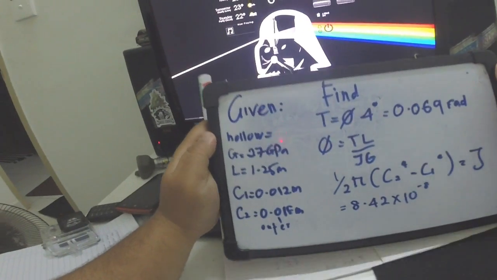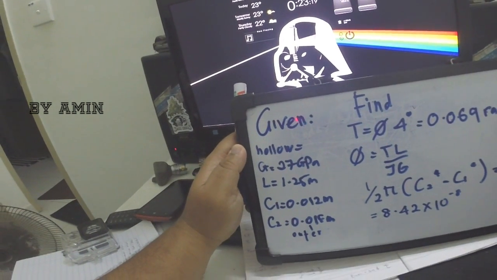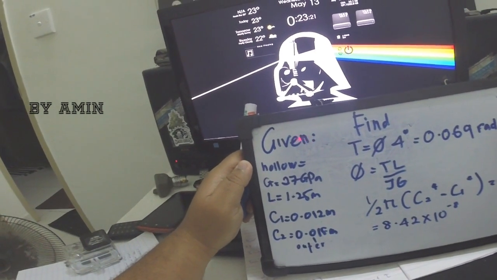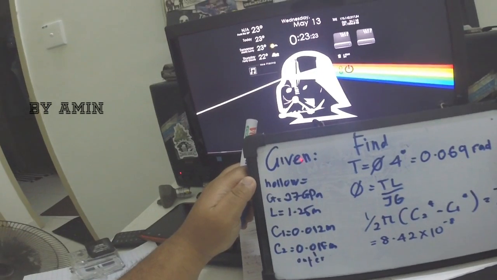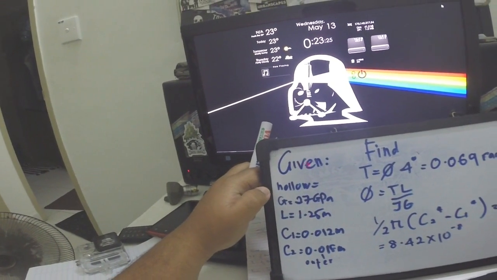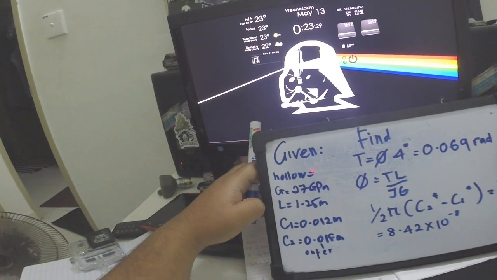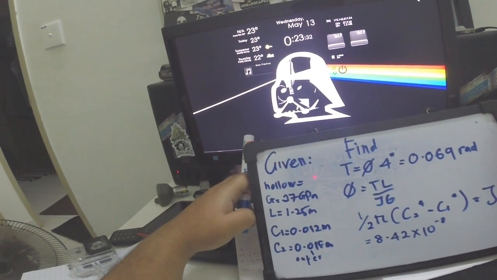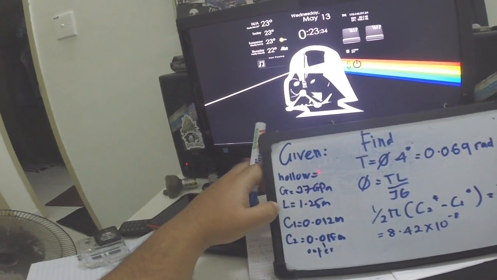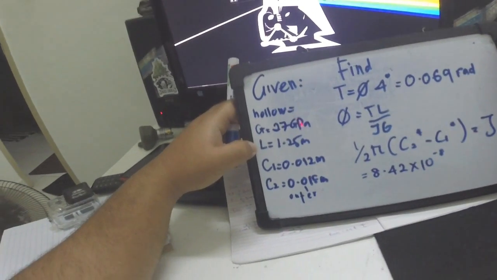Okay, and now we go to a sample question. From the question we get the information for the hollow shaft. First, G is equal to 27 gigapascal. Given length is 1.25 meter.